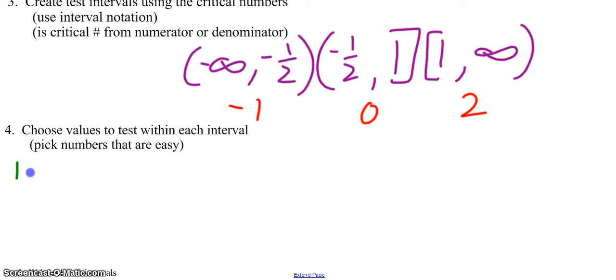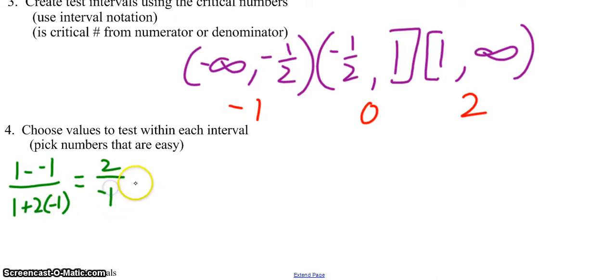So if I do 1 minus negative 1 over 1 plus 2 times negative 1, this becomes 2 over 1 minus 2, which is negative 1. This is less than or equal to 0.